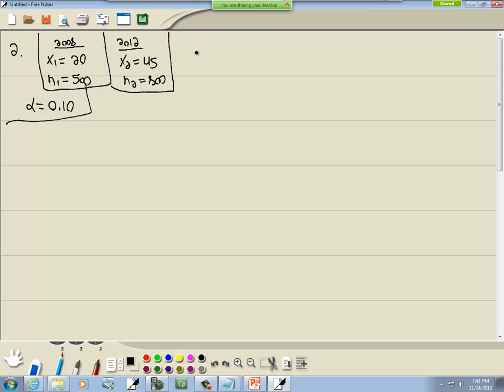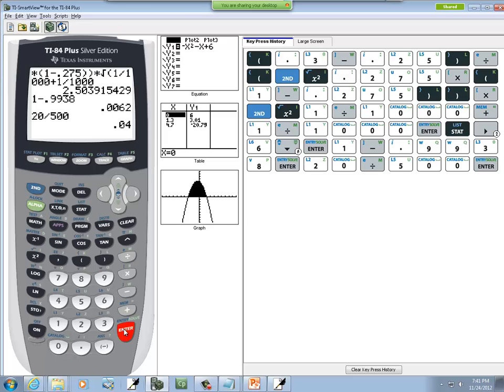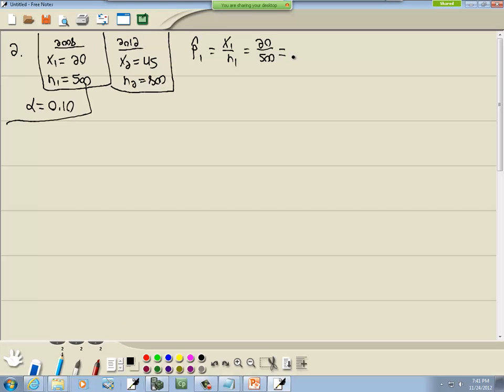Now we know we're going to eventually need p hat sub 1, and that's x1 over n1, which is 20 over 500. So 20 divided by 500 gives us 0.04. We're also going to need p hat sub 2.